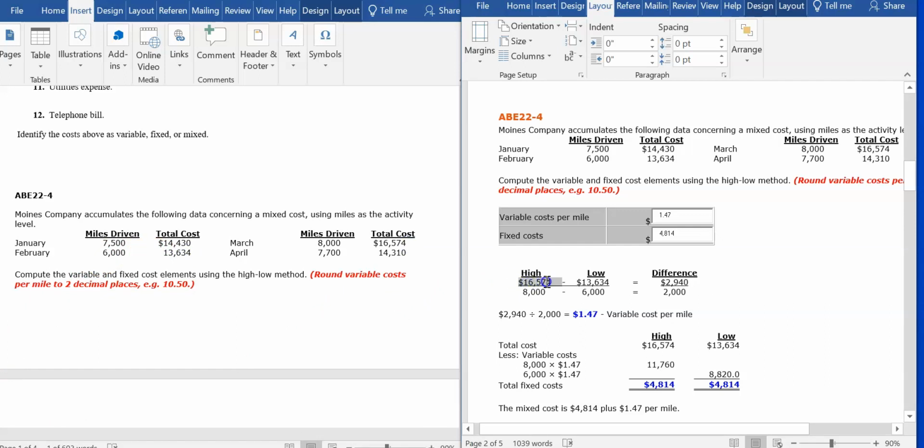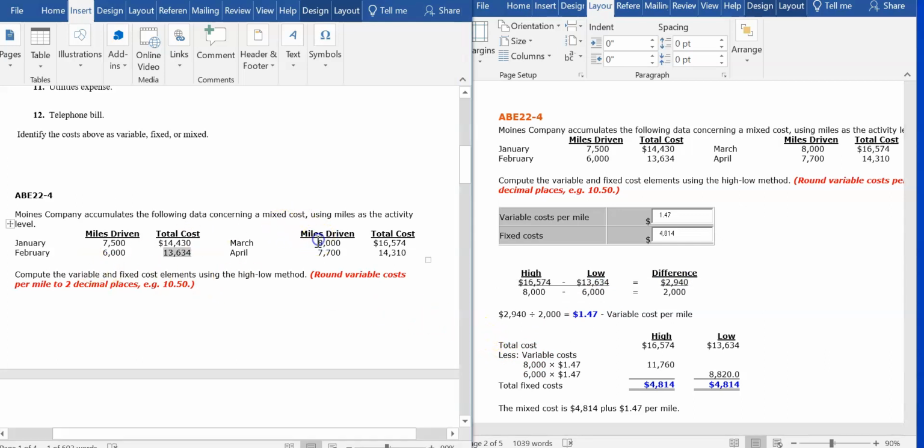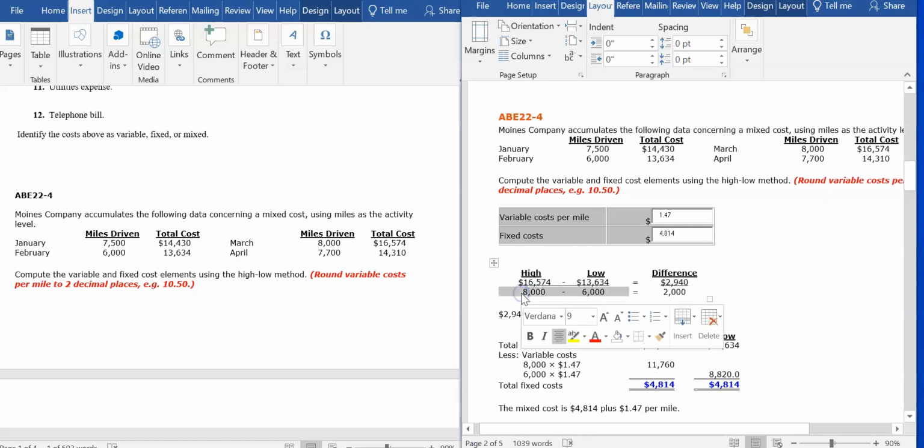So here we have the high data point cost and the low data point cost. The difference between those two is $2,940. Then we will divide that by the difference in the activity, 8,000 miles driven and 6,000 miles driven. The difference between those two was 2,000 miles.